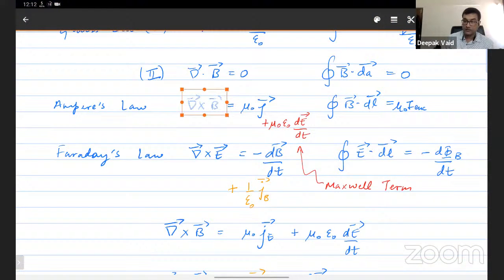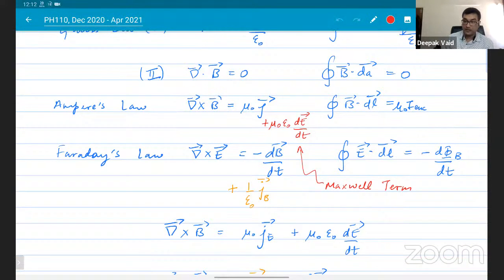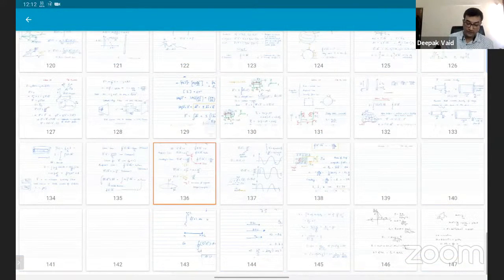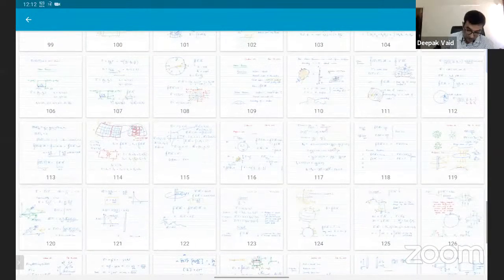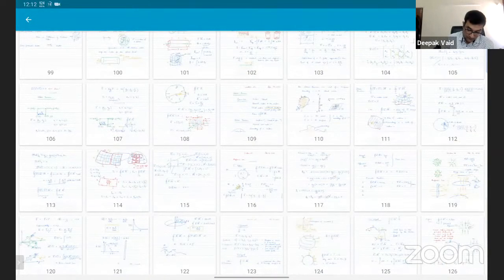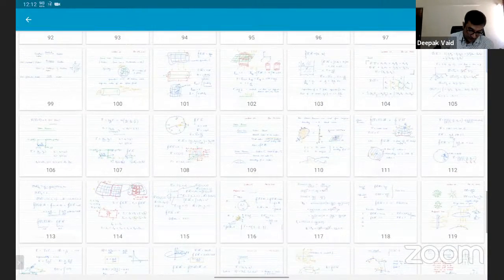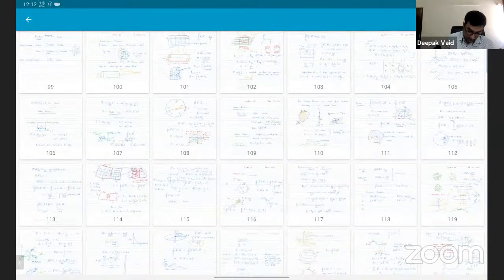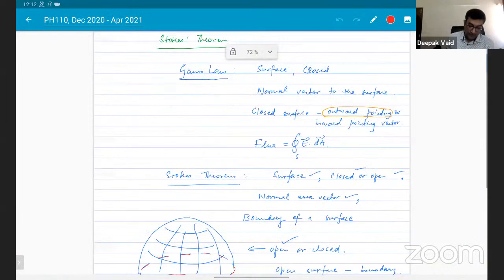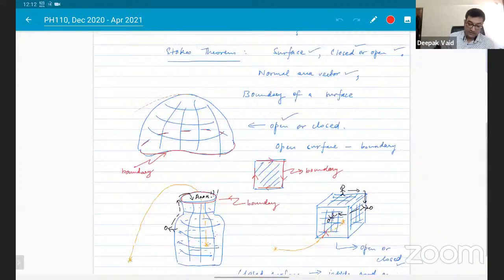I can calculate the flux of this vector quantity through any surface. So if I take the flux of this quantity through any closed surface, and just for reminder's sake, bring up that nice picture, you can take any surface, you calculate the flux of this quantity through the surface.